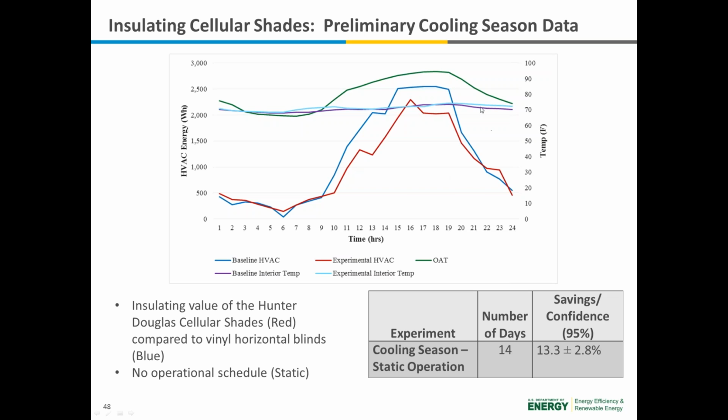During the latter part of the day, the experimental home, in turquoise here, has the Hunter Douglas cellular shades and stays warmer longer than the baseline home, which has the standard vinyl horizontal blinds. That's attributed to the insulating values and the shades being able to trap a lot of that conditioned air within the space.